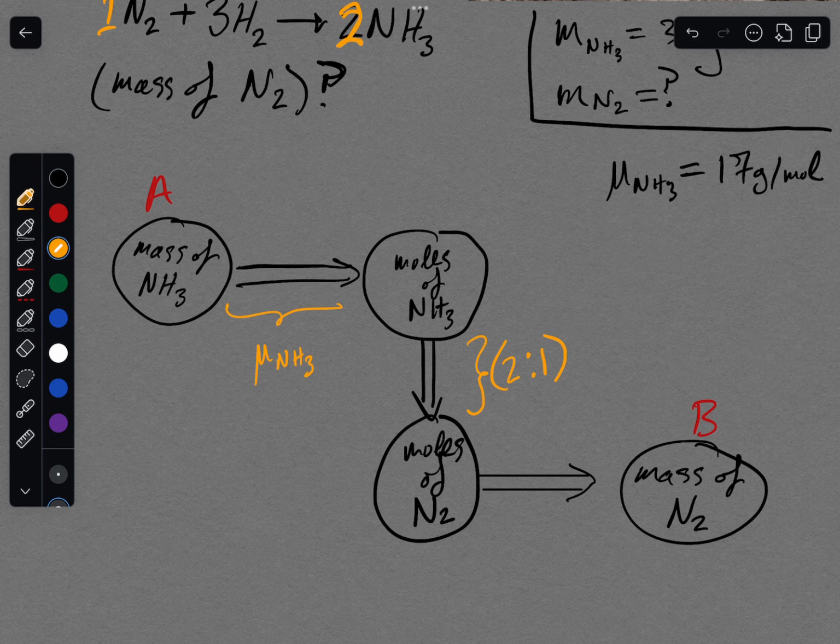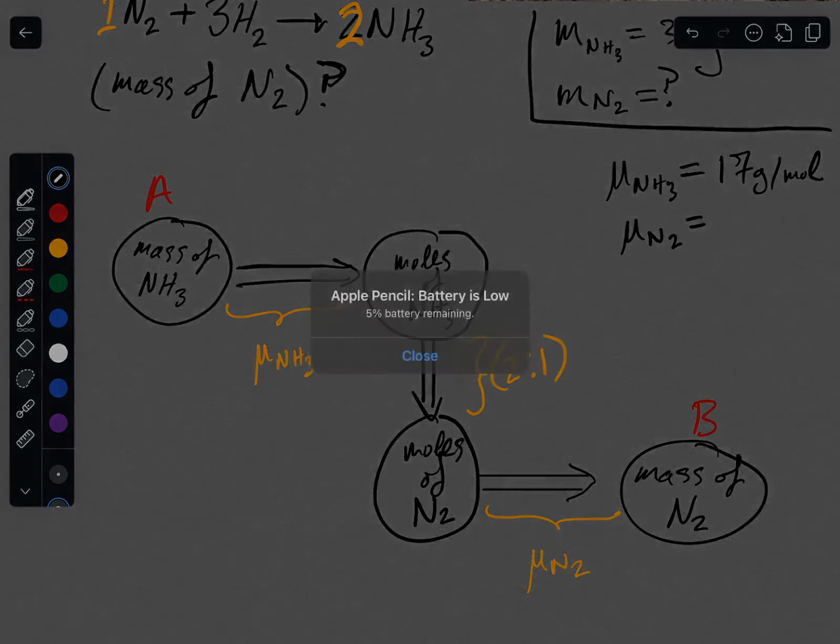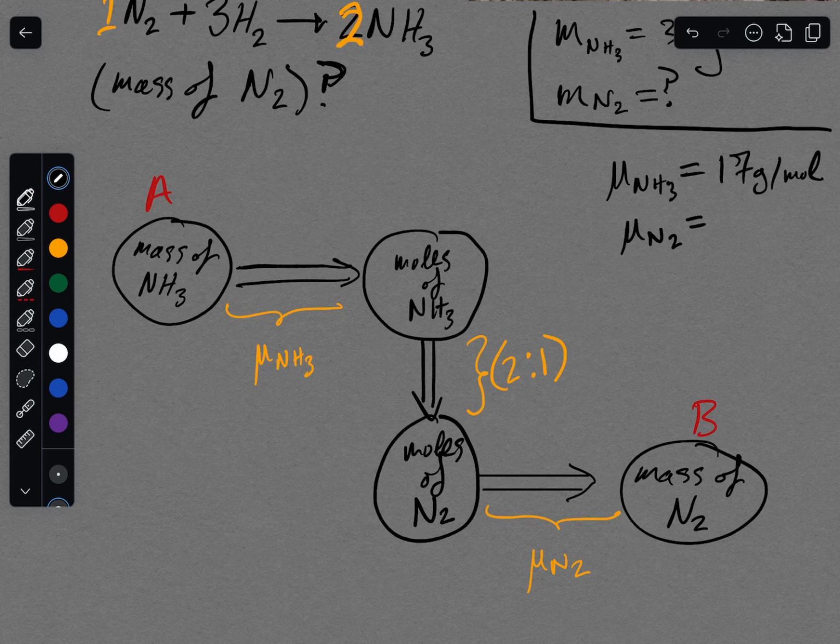And then finally, if I want to go from moles of N2 to the mass of N2, which is what you want to actually find, I'll again need a molar mass, but this time it'll be the molar mass of the nitrogen gas, which if nitrogen is 14 AMU, then the molar mass of N2 is twice that at 28 grams per mole.